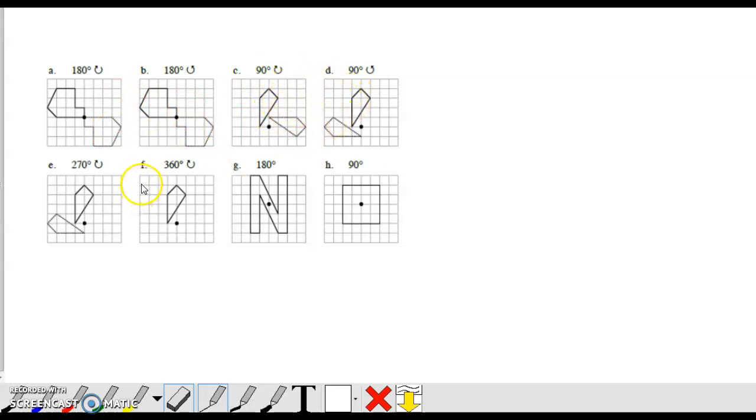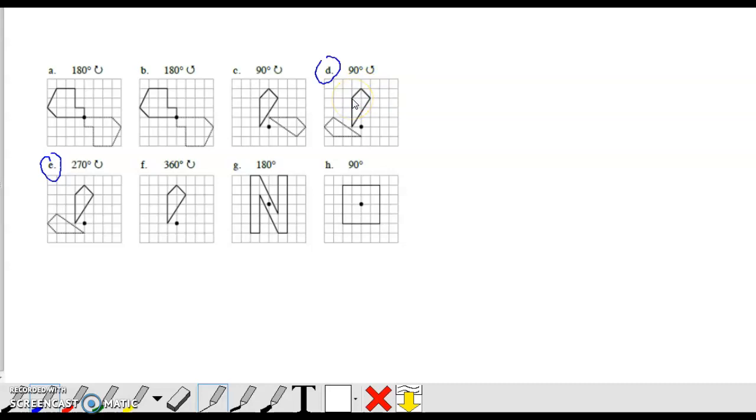The ones that don't make a difference are E and D. If I go 90 degrees one direction and then 270 in another direction, you're still going to end up at the same point. That's really important about those types of rotations. That'll come in handy later on.